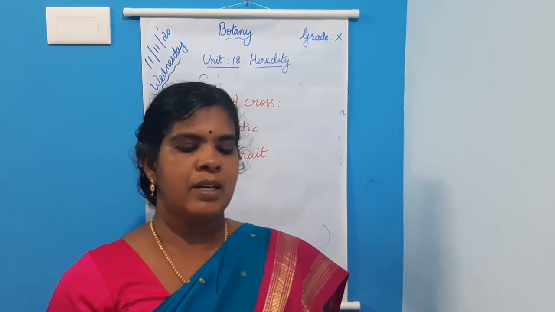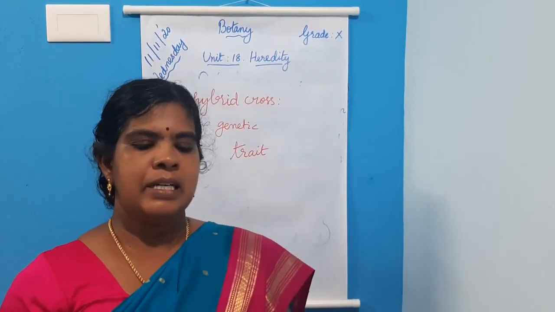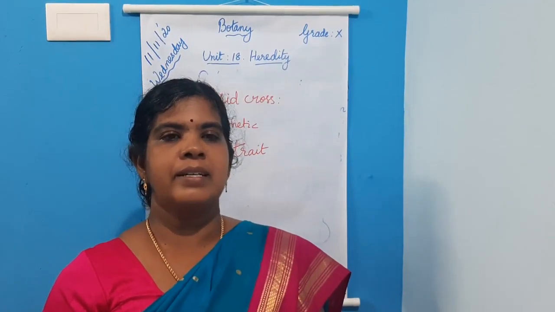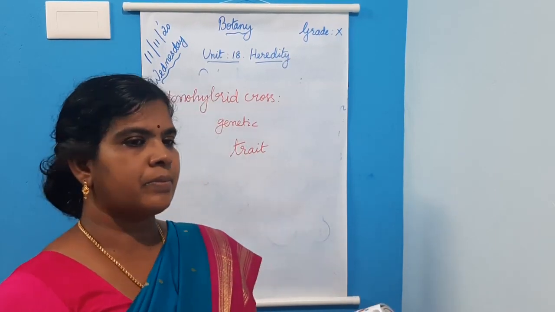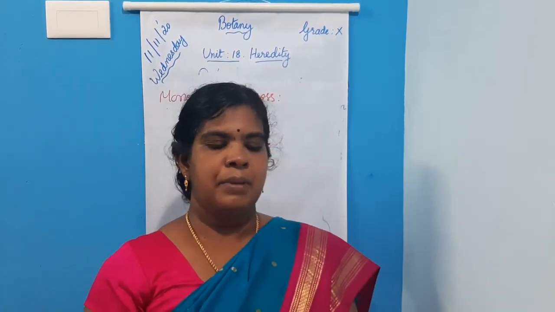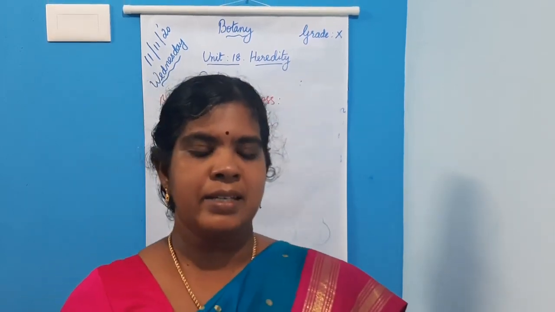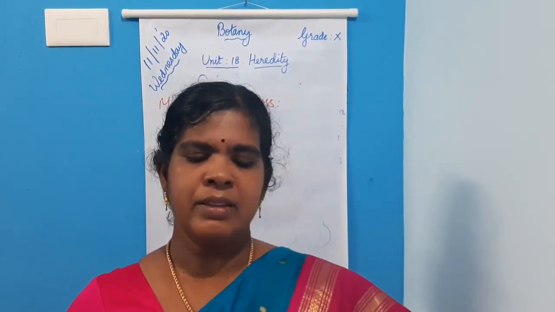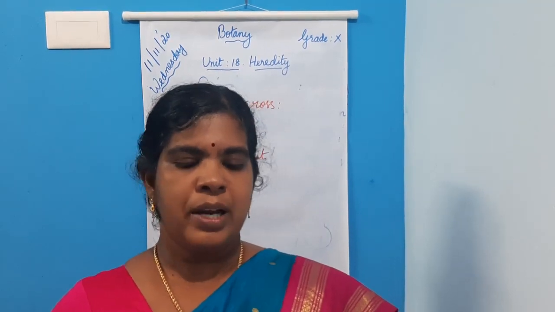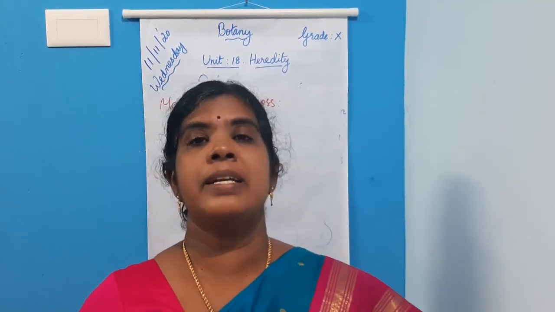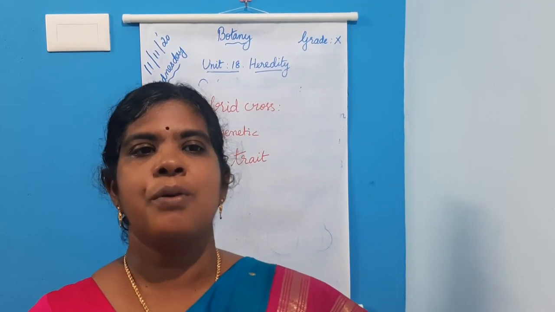Second point: parents differ by a single trait. Third point: the monohybrid ratio in the F2 generation is 3:1.